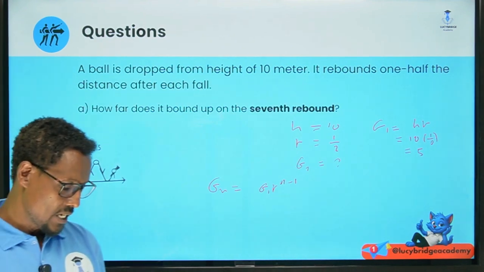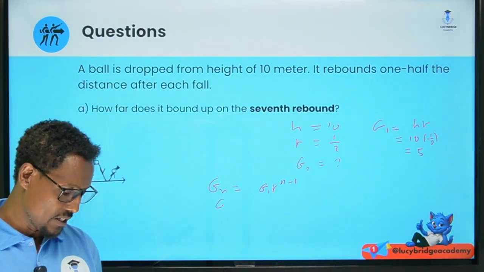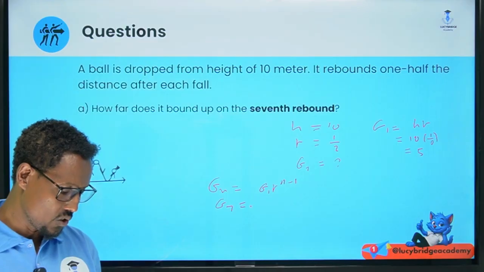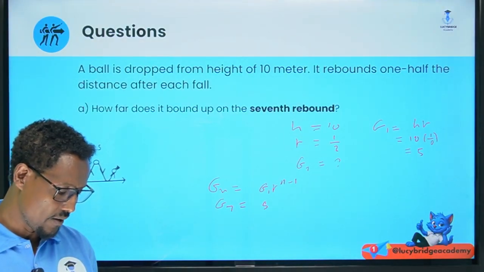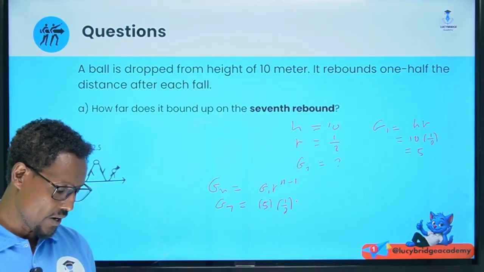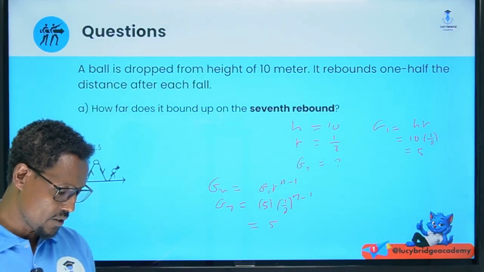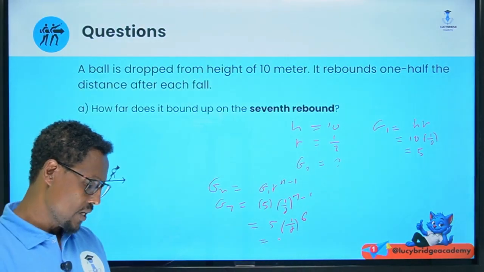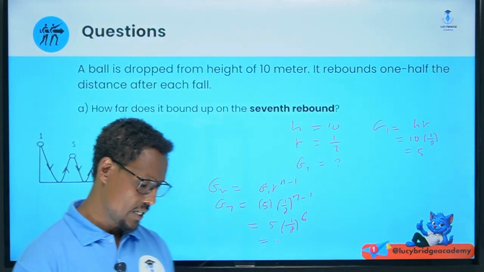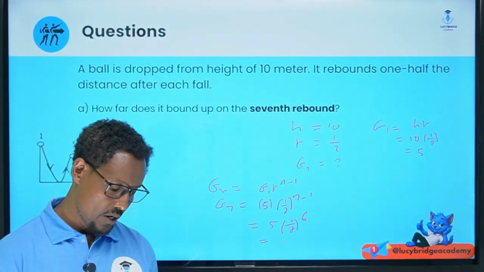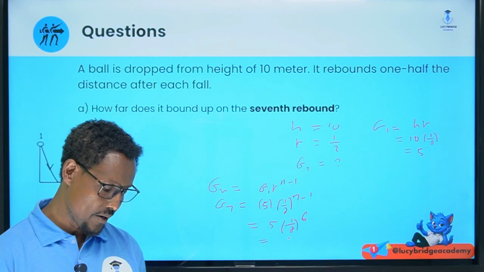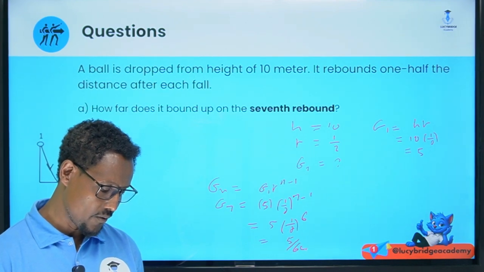That means we are asked to find G7, which is equal to G1 times R to the power of n minus 1. G1 is 5, and R is 1 over 2. So 7 minus 1 gives 5 times 1 over 2 to the power of 6, which means 1 over 2 to the power of 6 is 1 over 64. 5 times 1 over 64 is 5 over 64.